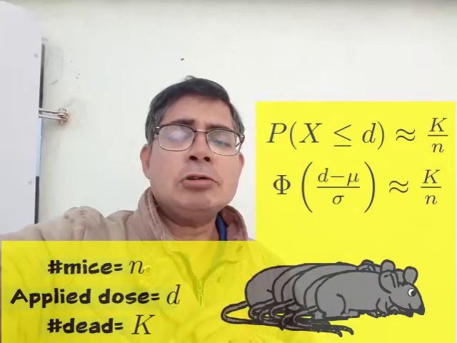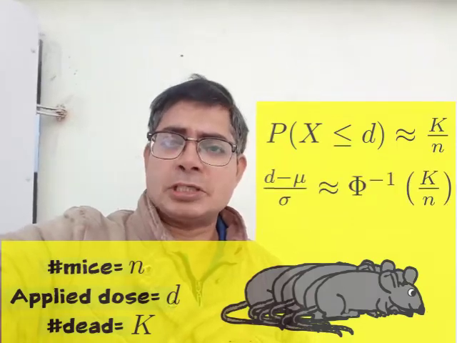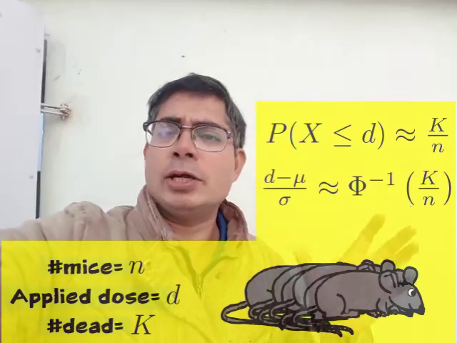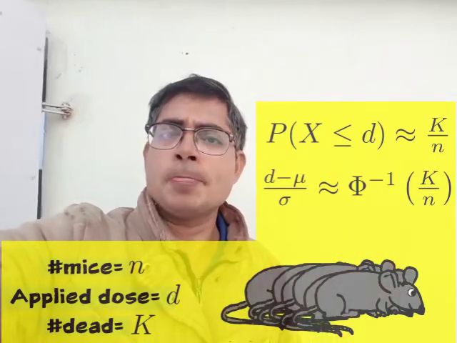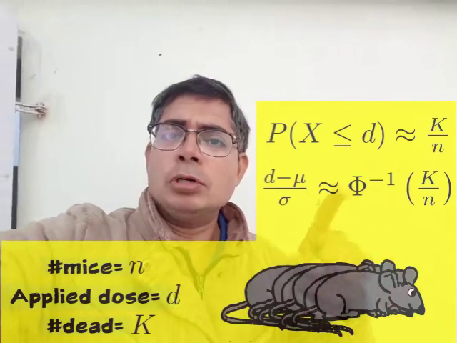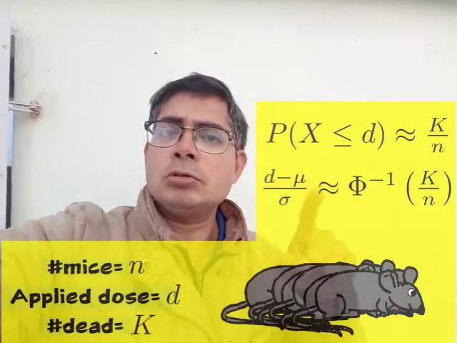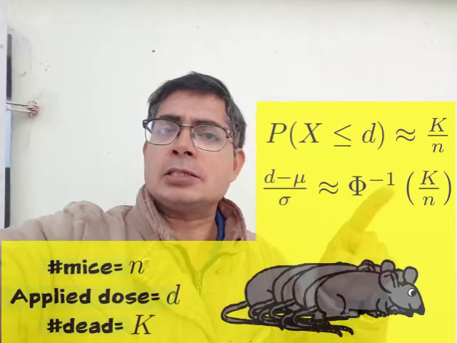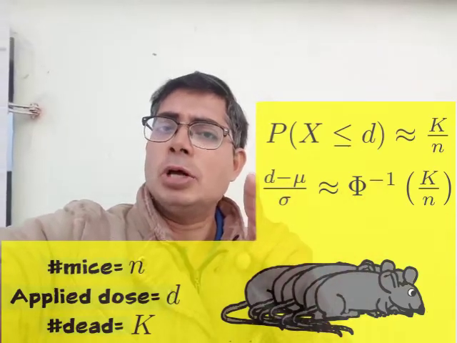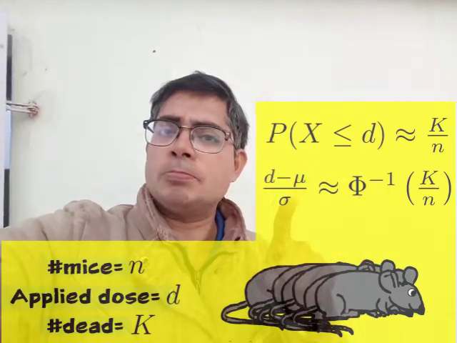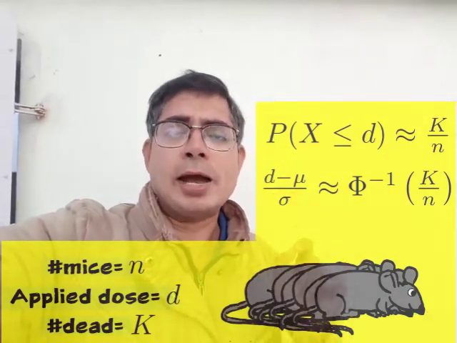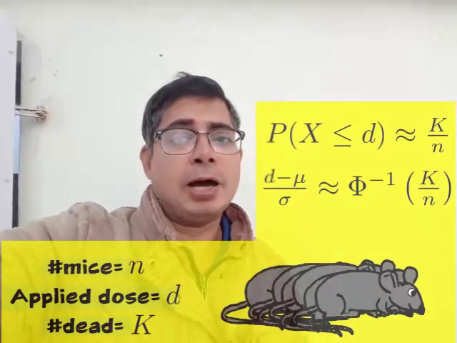So if I now take phi inverse of both sides, knowing that phi is a smooth function, this part is completely known, D is completely known, so you can see that there is now an affine linear relationship combining these two, and the intercept and the slope, if you can figure them out, will give you your required mu hat and sigma hat.